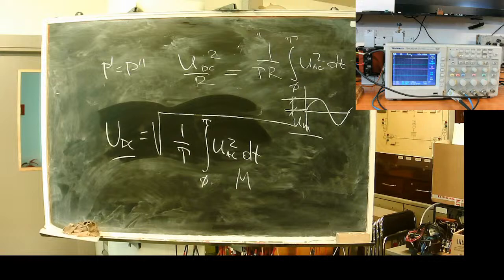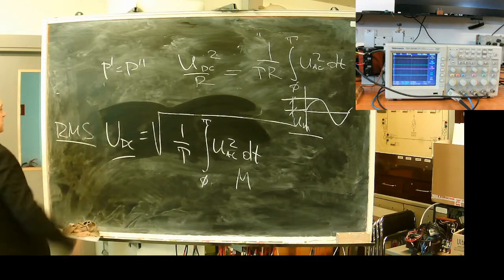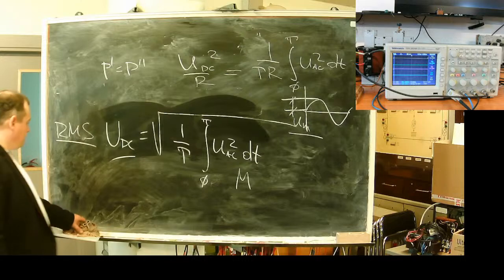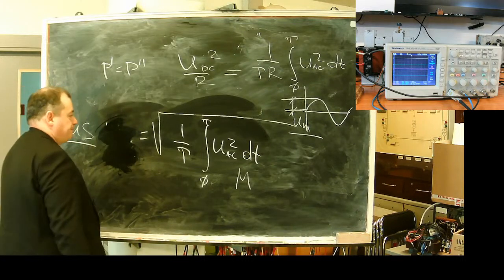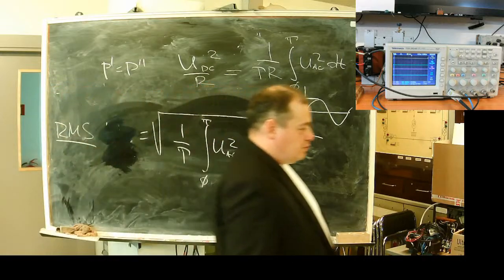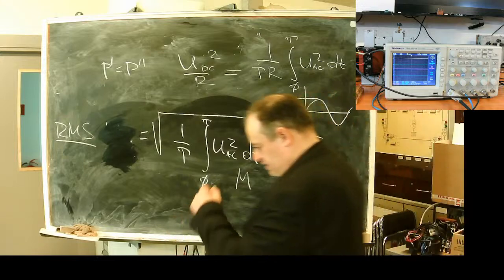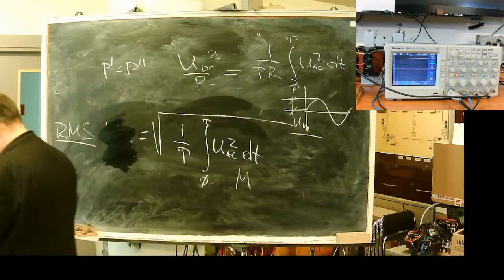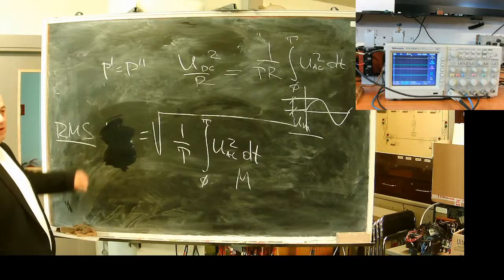It's called the effective value, or RMS, root mean square value. To make our AC network calculation look like DC network calculation, we need to use effective or RMS values.